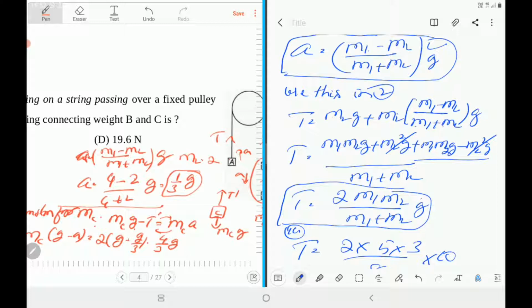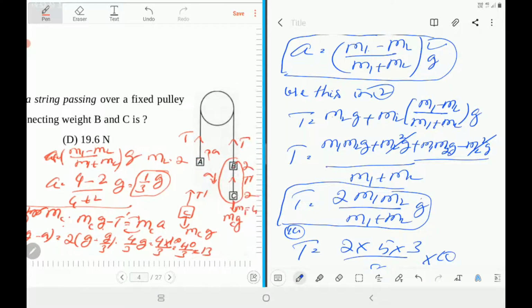And if you put g as 10, if I take g as 10, it is 4 times 10 divided by 3. What is this? 40 by 3. What is 40 by 3? Nearly 13. 3 times 13 is 39. So the answer is nearly 13, because 4 tens are 40, and 40 by 3 is nearly 13.